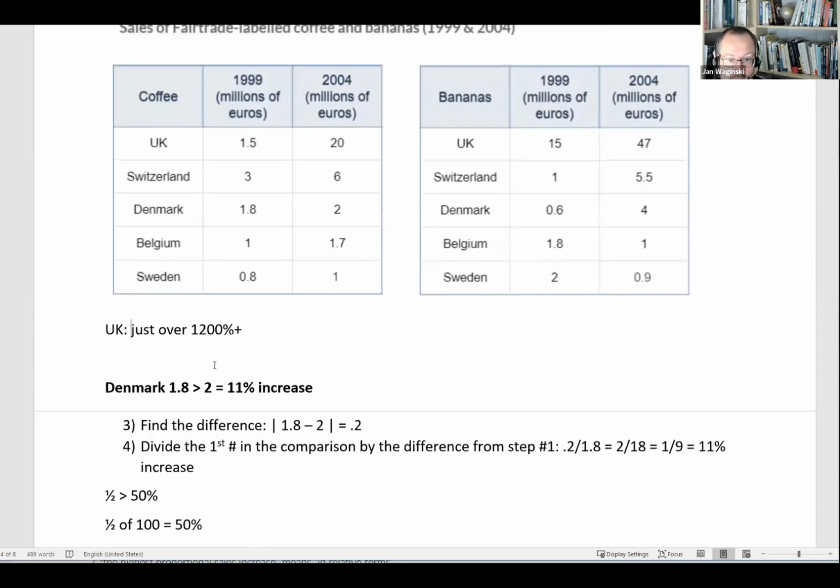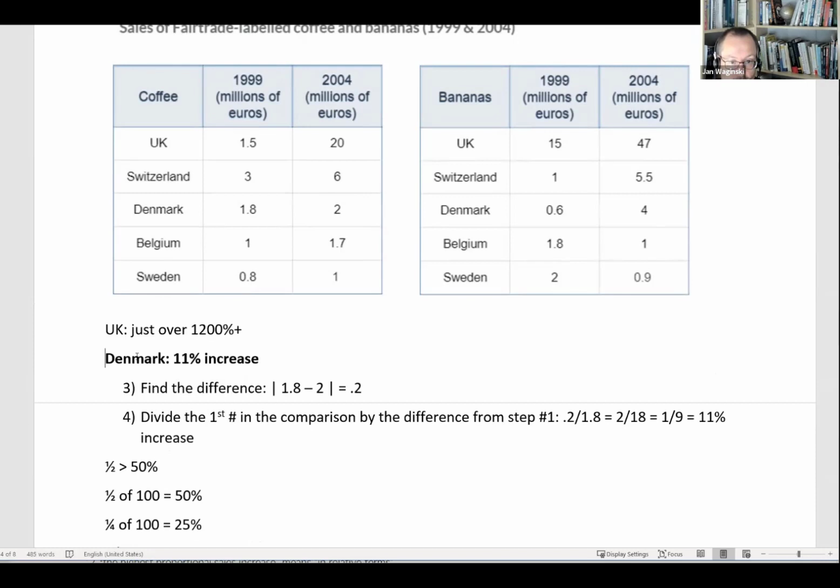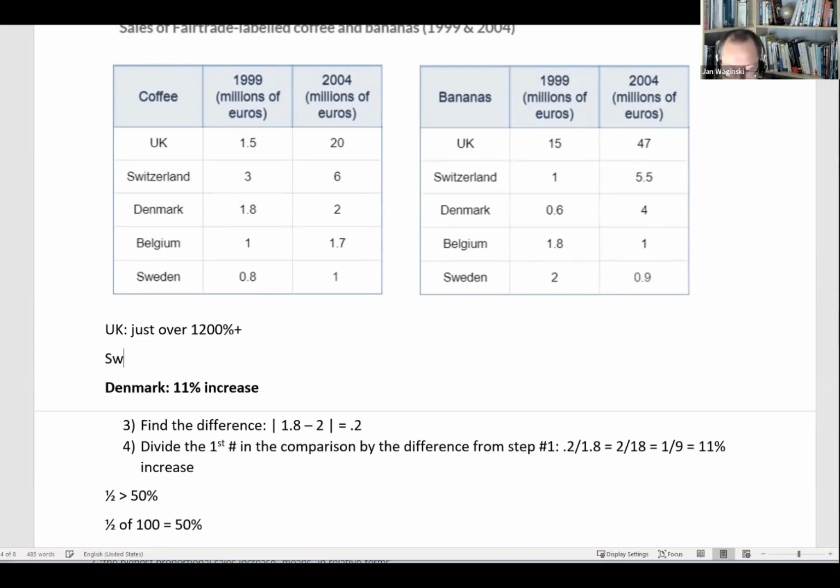Denmark. Okay, Switzerland was 100% increase.